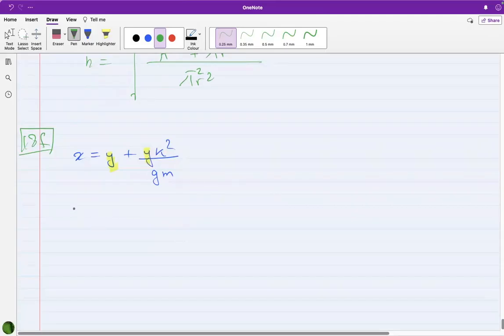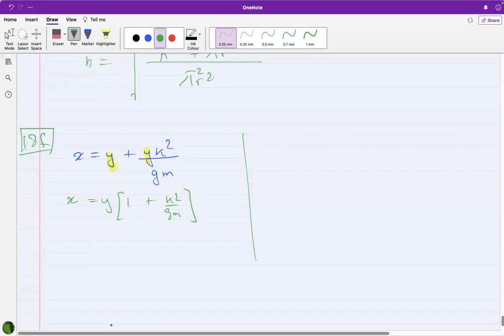So do we find the LCM first of that? We can do it both ways, yes. Why I'm trying to take it out common? Because all the y's are already on one hand side. So if I just take this out, I'm left with 1 plus k square over gm.